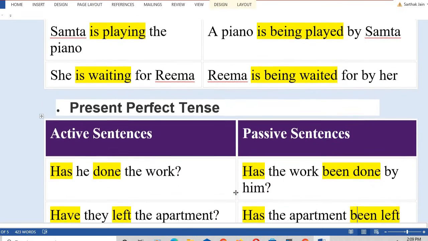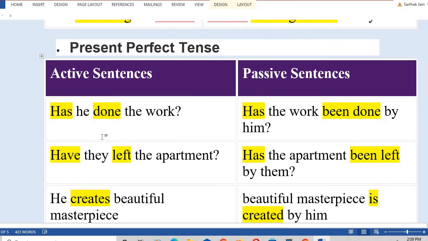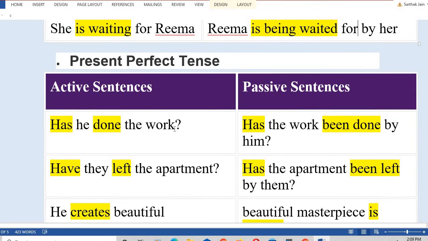Then comes present perfect tense. Now, for the structure, you can see that this is an example of an interrogative sentence. Has he done the work? In the passive, the helping verb will come in the beginning: has the work been done by him? Work is the subject. Then in the passive, in the perfect tenses, you will always insert been with has or have, and then the third form, and then by, and then him.